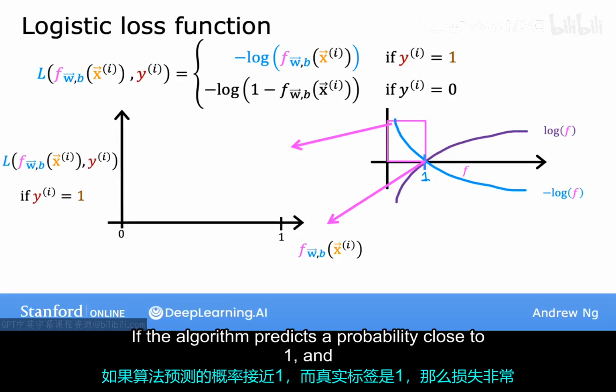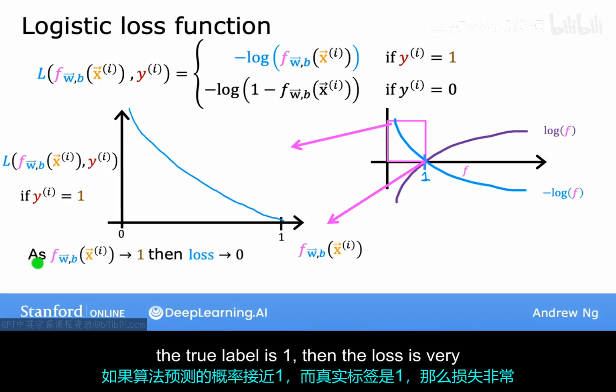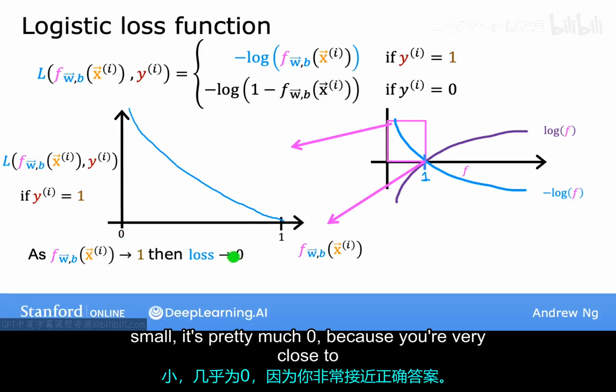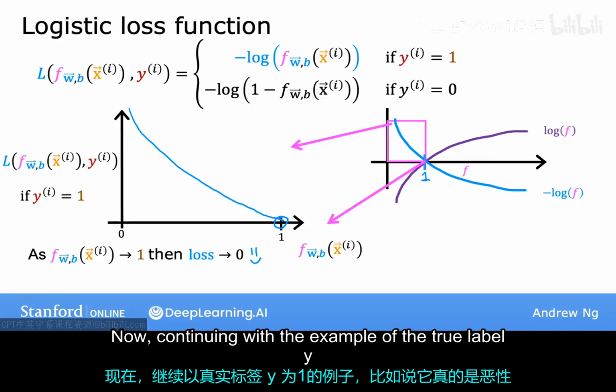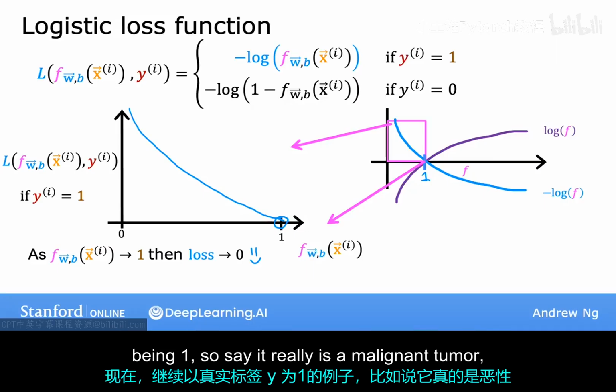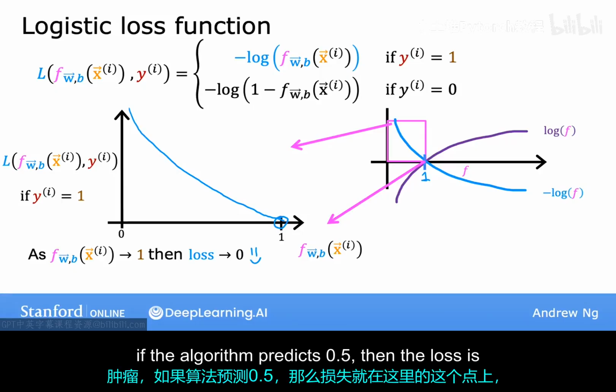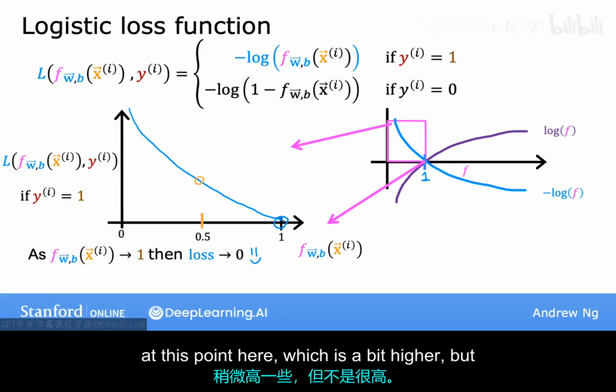If the algorithm predicts a probability close to 1 and the true label is 1, then the loss is very small. It's pretty much 0 because you're very close to the right answer. Now, continuing with the example of the true label y being 1, so say it really is a malignant tumor, if the algorithm predicts 0.5, then the loss is at this point here, which is a bit higher but not that high.